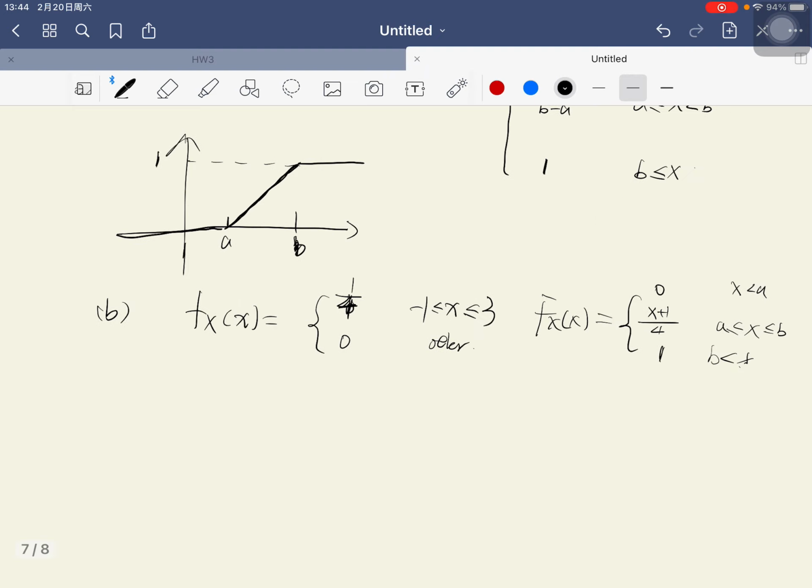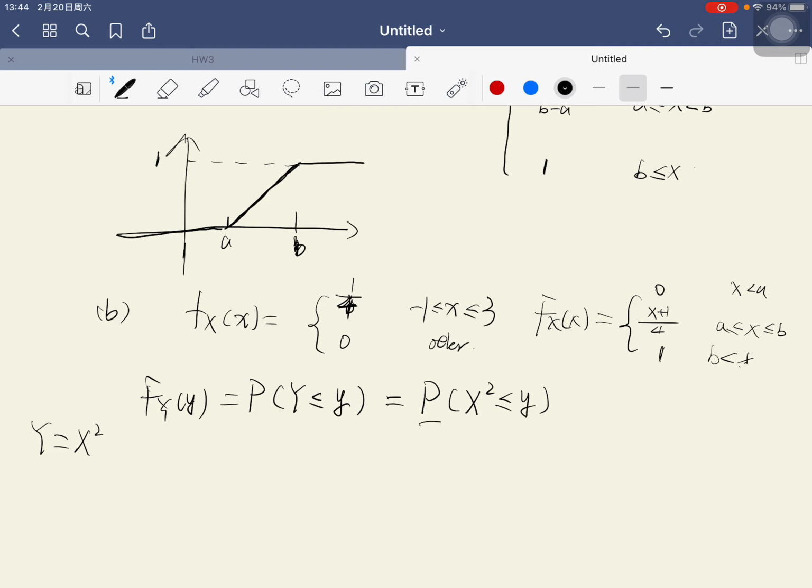And we could compute the distribution function of Y. The distribution function of Y is the probability that big Y is less than or equal to little y. Because Y is equal to X to the power 2, we could compute the probability that X to the power 2 is less than or equal to little y, and we could transform it to big X being bigger than or equal to minus root of y and less than or equal to root of y.